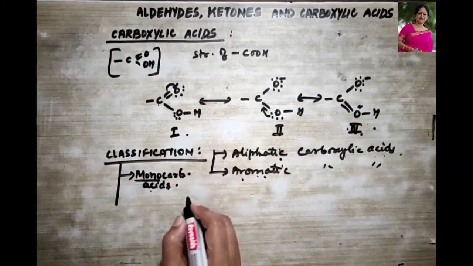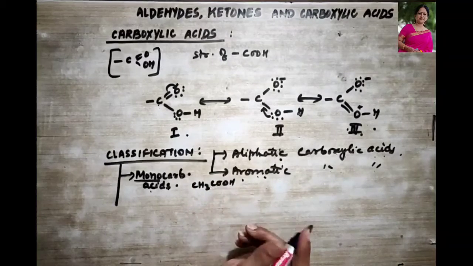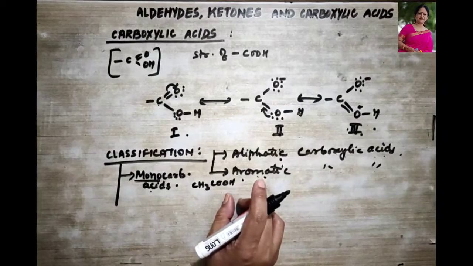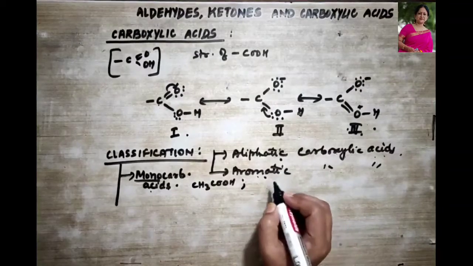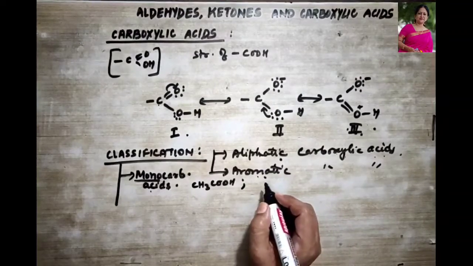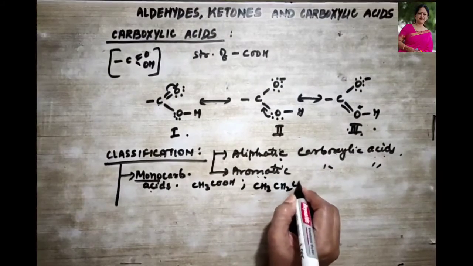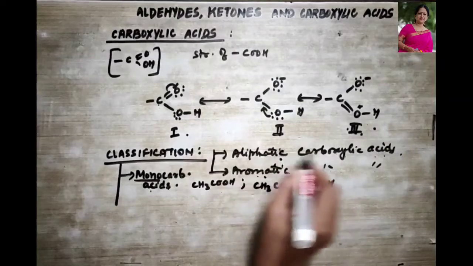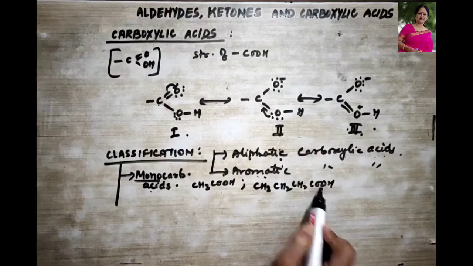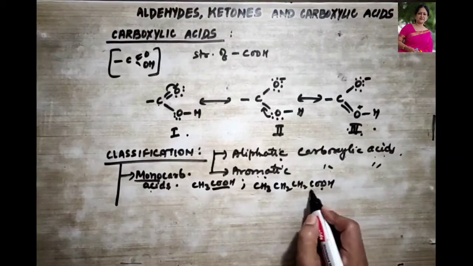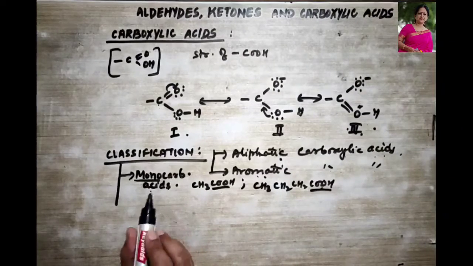For example, acetic acid, CH3COOH, just one carboxylic group is present over here. Another one could be n-butyric acid, the formula for it is CH3CH2CH2COOH. This is also an aliphatic carboxylic acid. If they have just one carboxylic group, then they are termed as monocarboxylic acids.